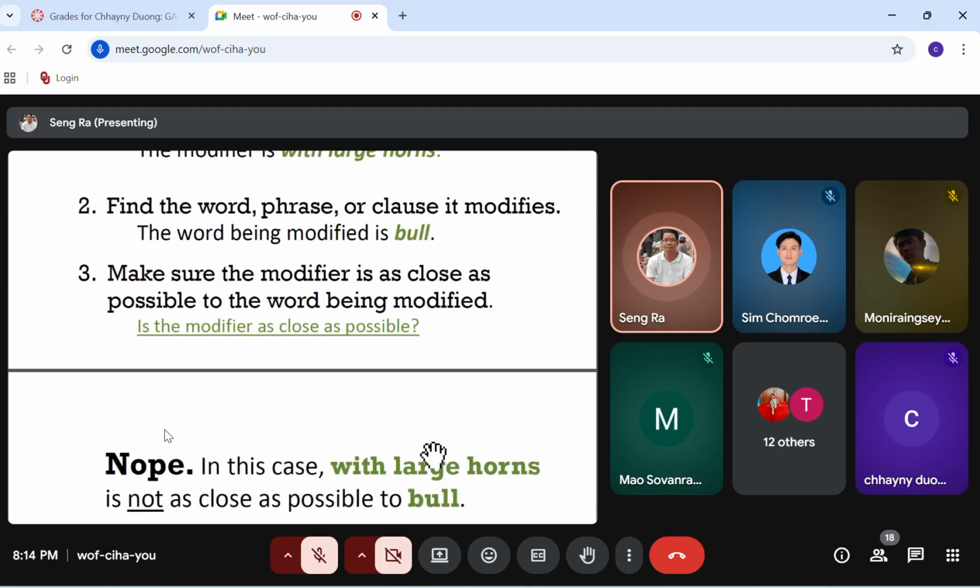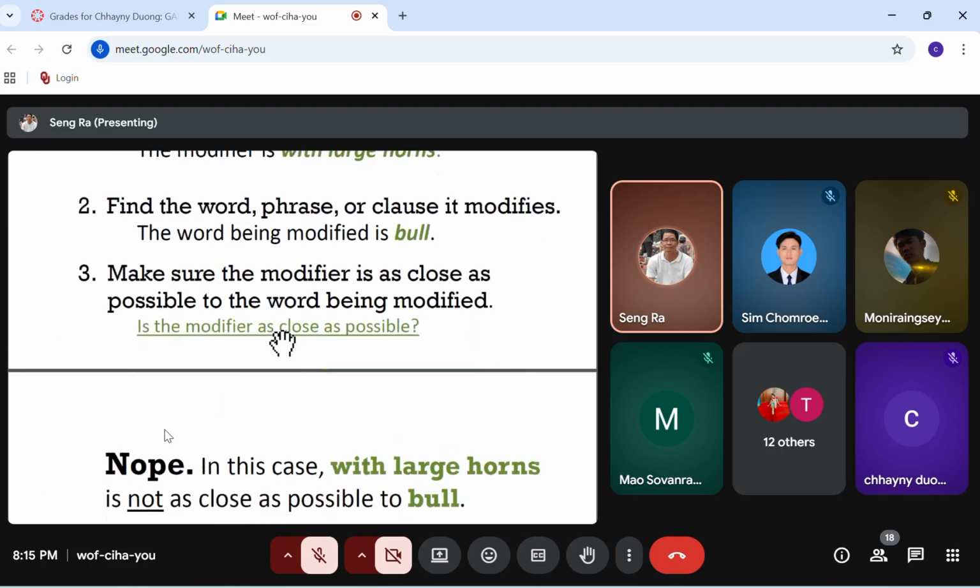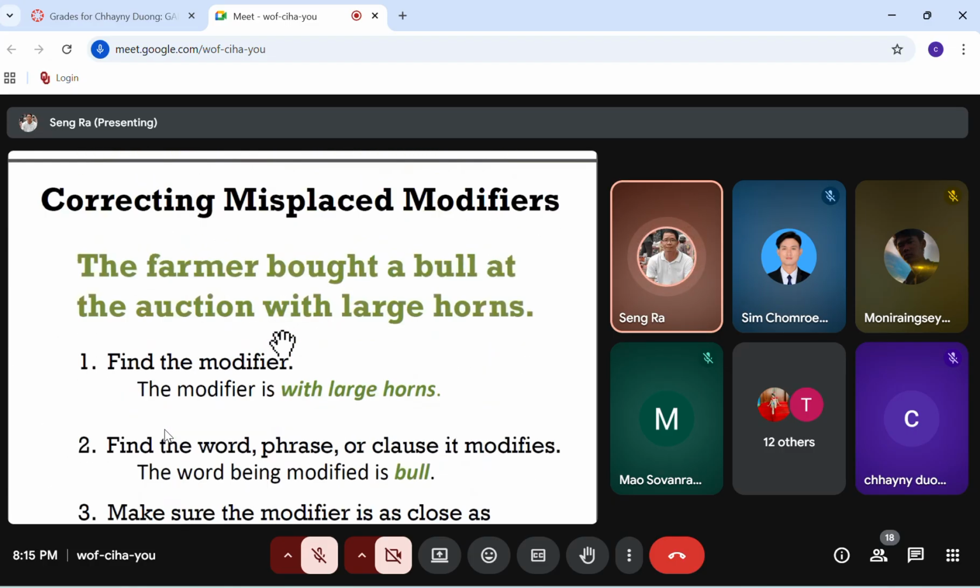I'm not going to take long for that. Just one example: the farmer bought the bull at the auction with large horns. It sounds like "large horns" is a modifier expected to modify the word "auction".